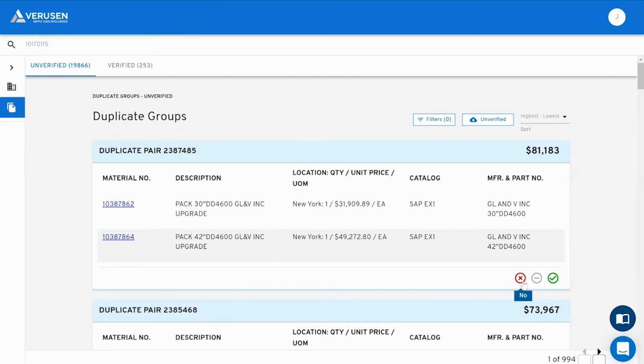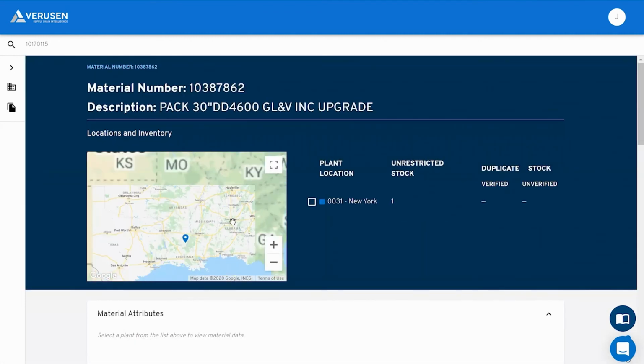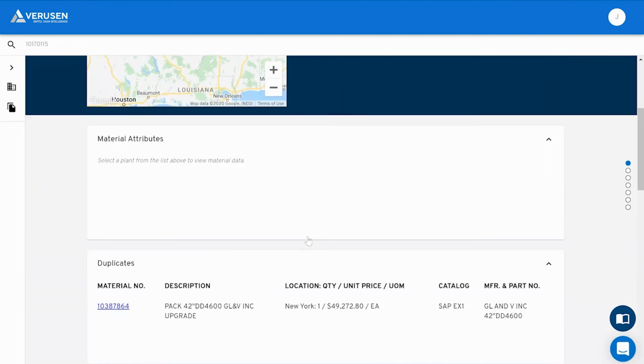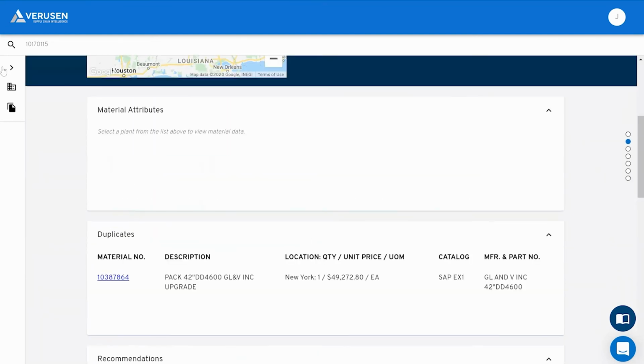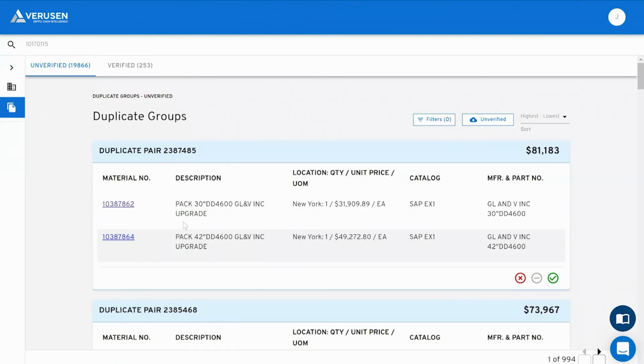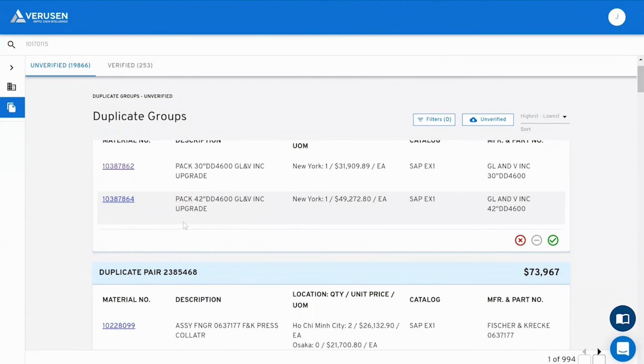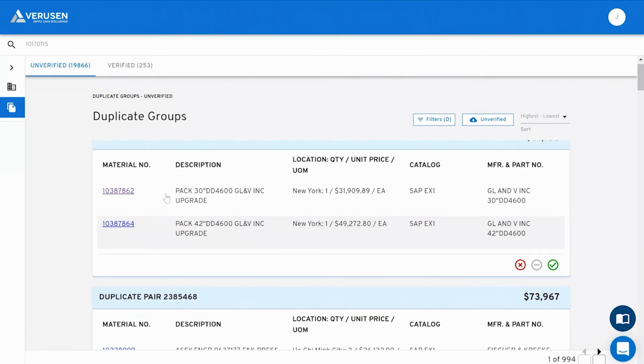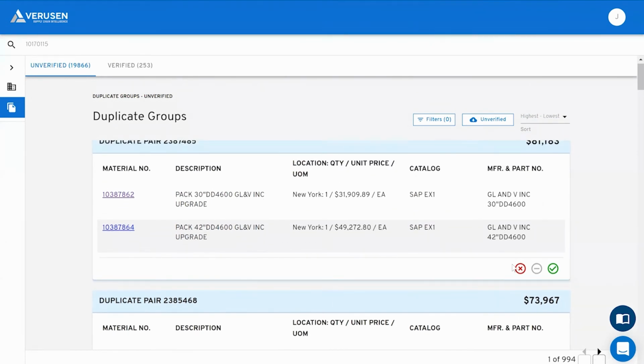But the understanding of the data is what you see here. So at the same time, across systems and within the same system, we are utilizing our technology that can find duplicates that would be very difficult or impossible to find in traditional methods. And we're saying, we have a high confidence that here's the description, here's where it's at, here's what you're paying for, and here's where you're getting it. Can you agree with the check mark, disagree with the X, or am I unsure?